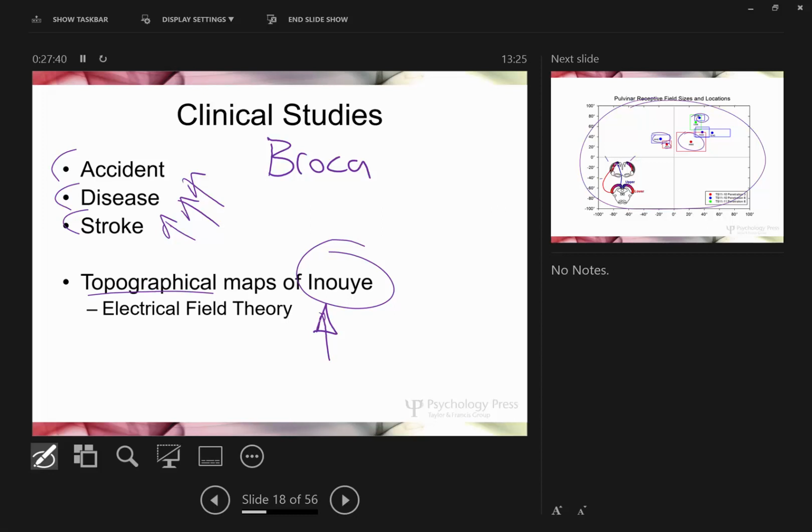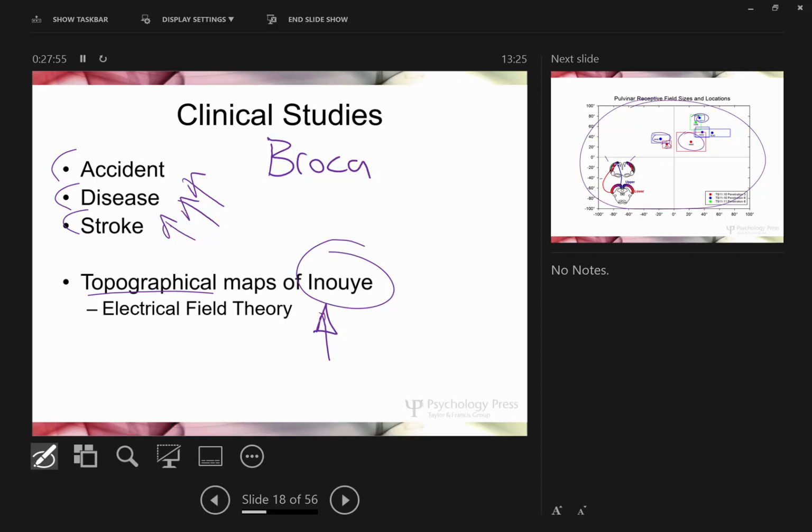What was interesting is he was able to map out how much of the visual field was gone and where the damage was in the brain, and so he was able to make a direct connection between the location of brain damage and the location of the visual field deficit in these individuals.